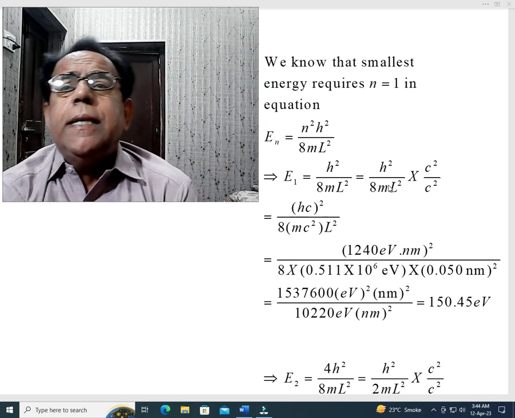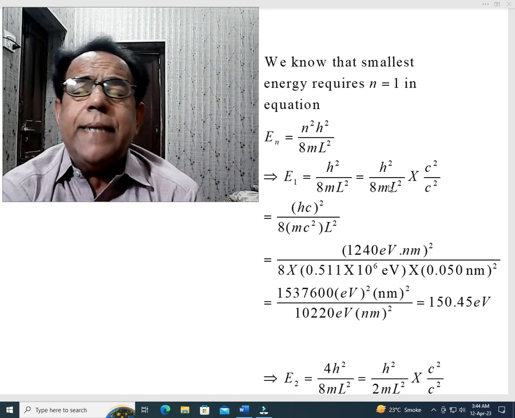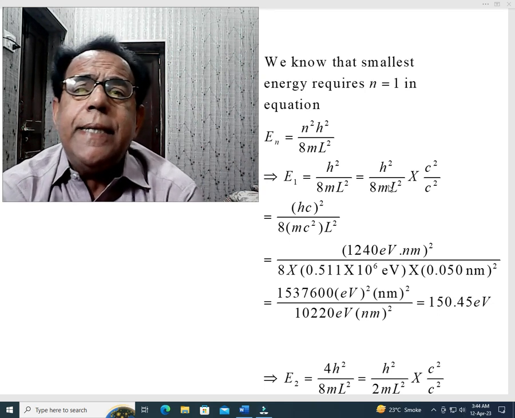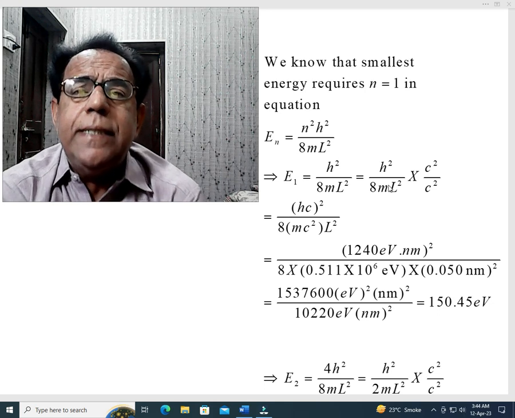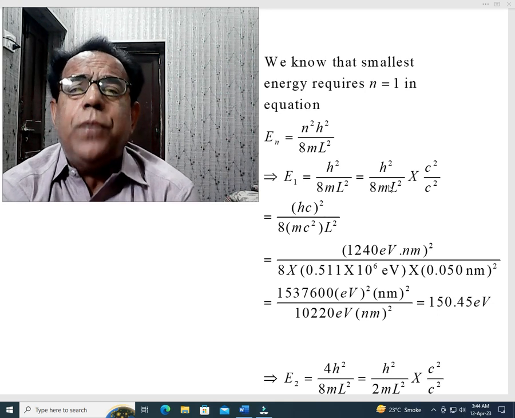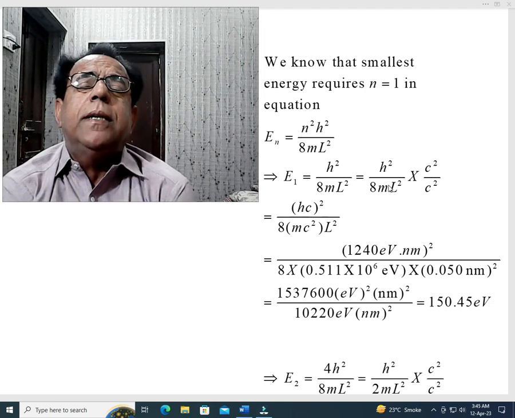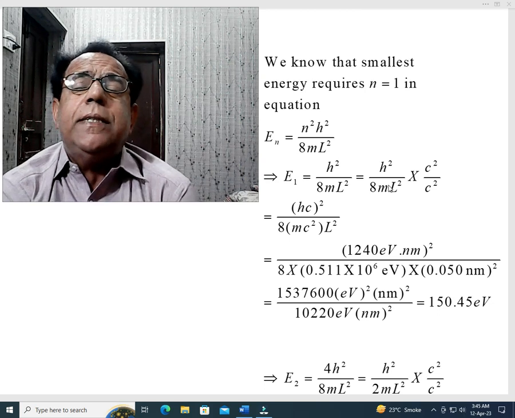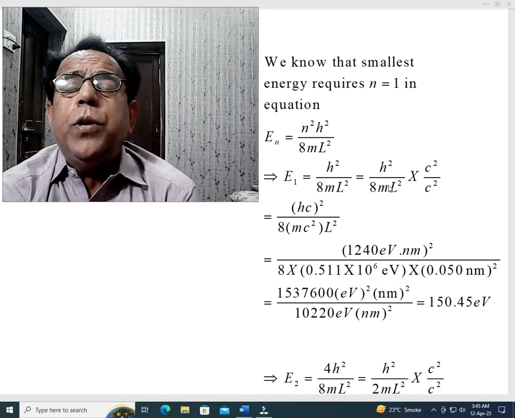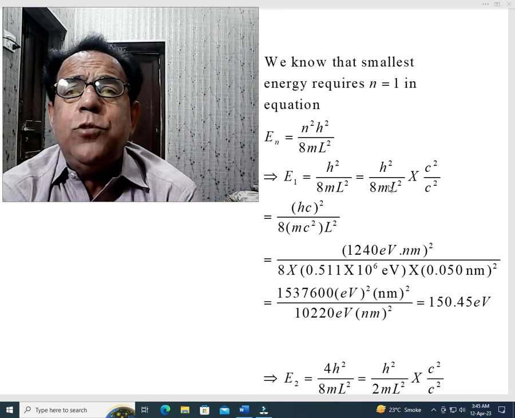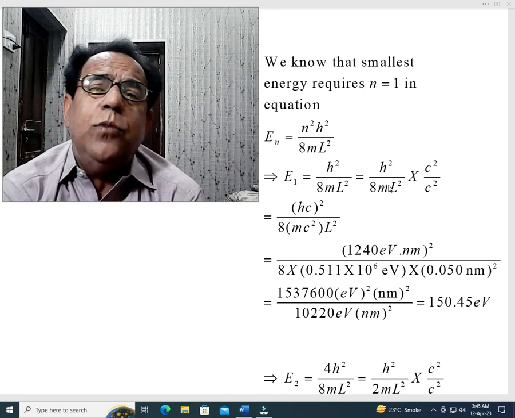Okay, in the next step, as I had said, in a table the value of c separately is given, the speed of light, and the value of Planck's constant h is also given in two equivalent systems of units, and the combined value of hc is also given. So here we have used the combined value of hc.